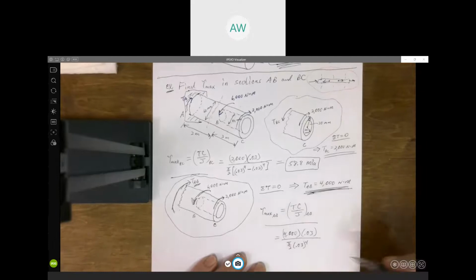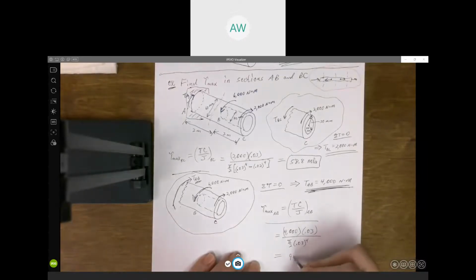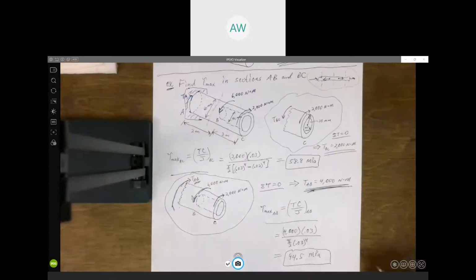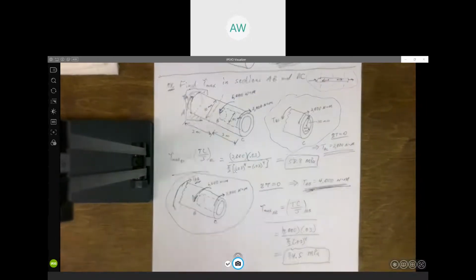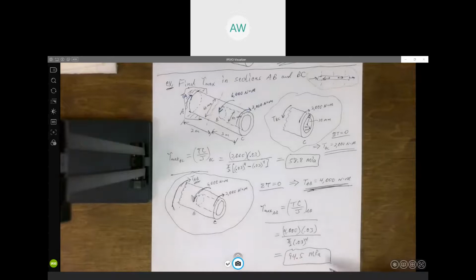And then again, take out your calculator and calculate. I got 94 million something, which we're going to write as 94.5 megapascals. Nothing wrong with writing out 94,500,000 something pascals if you want, but most people would prefer to write it as 94.5 megapascals.